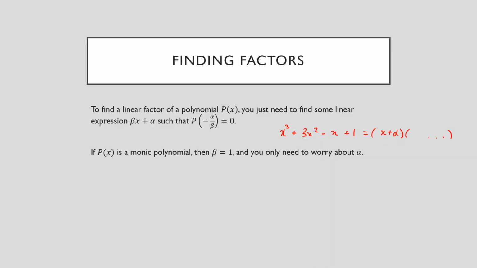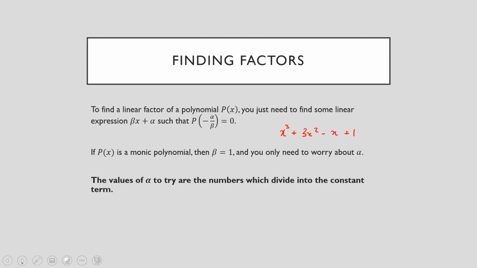Because if I just make that equal to 1, then I know that this term here is just going to be x squared, and so when I do x times x squared, I get x cubed. If that's like 2x times x squared, then I'll end up getting 2x cubed, which is not what I want. So if my cubic polynomial is monic, I know in advance that beta is equal to 1. And so we only need to worry about finding values of alpha that we could use to determine what linear factor we have.